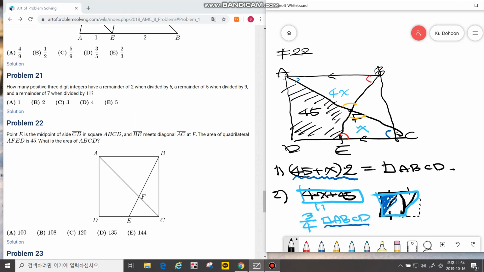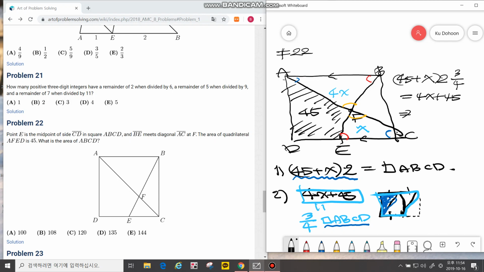So now the equation that we have is 45 plus x times 2 times 3 over 4 equals 4x plus 45, right?